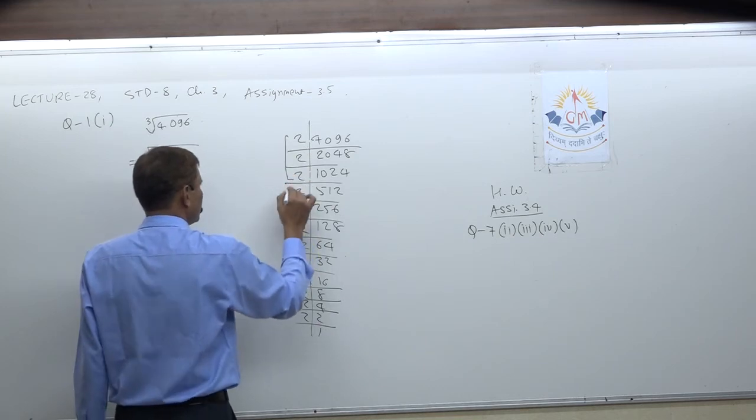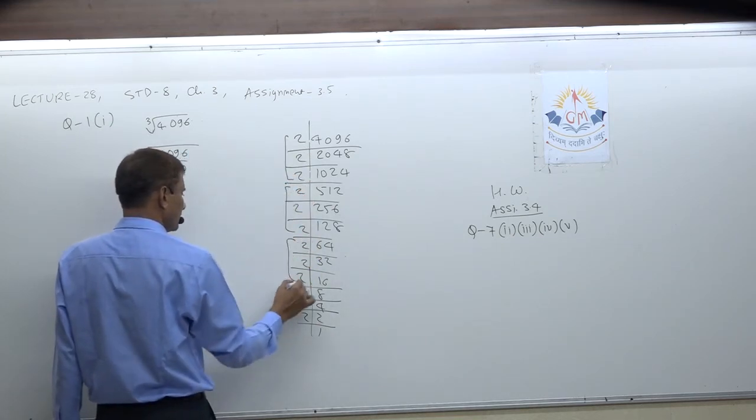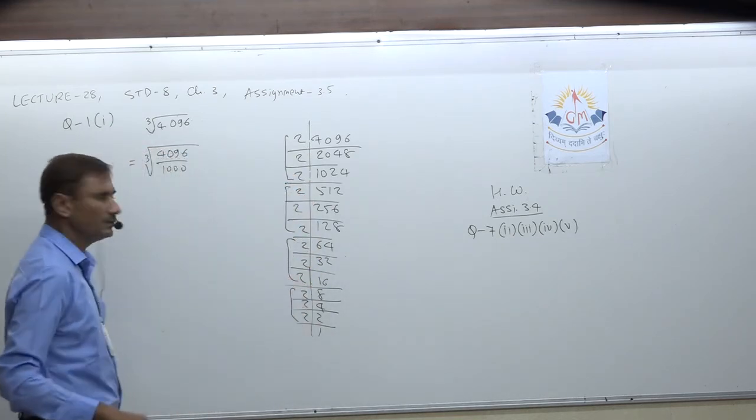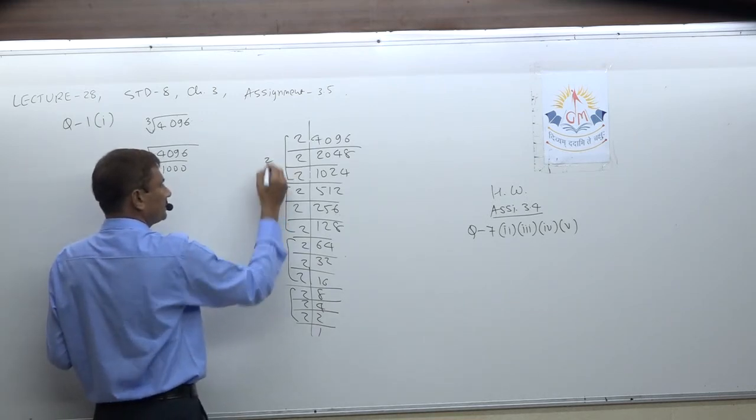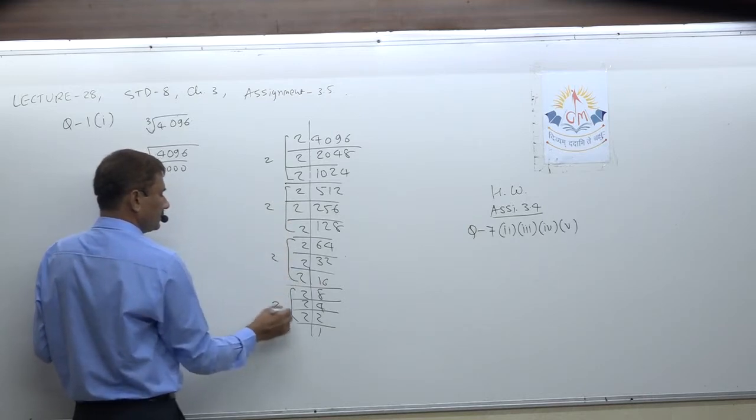Now make groups of 3, next 3, next 3 and next 3. Obviously, take only once 2 into 2 into 2 into 2.